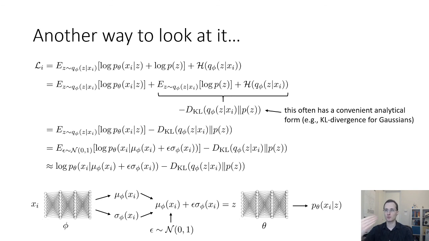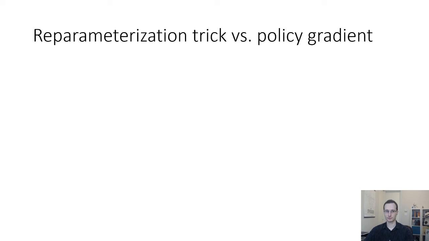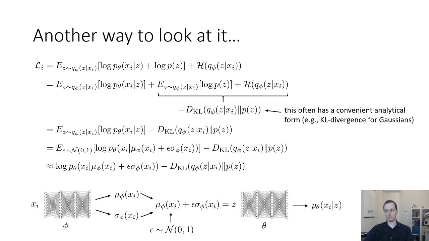And then your favorite autodiff package, like TensorFlow or PyTorch, will give you derivatives using backpropagation. And that's all you need. And at that point, you just do gradient ascent on both theta and phi with respect to that objective. So that's how you implement a variational autoencoder.